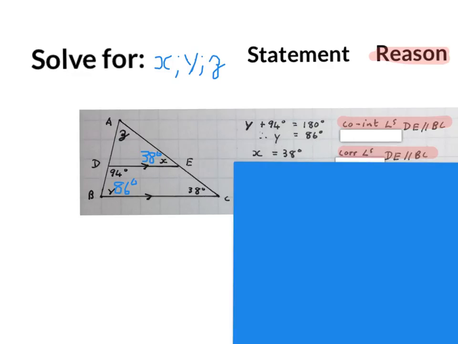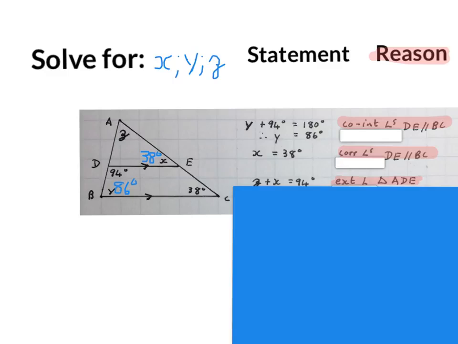They might be needed just now. Next, we could write z plus x equals 94 degrees, exterior angles of triangle ADE. So in that red triangle over there, that 94 degrees is equal to that x plus that z. The exterior angle of that triangle is equal to the sum of the opposite interior angles.